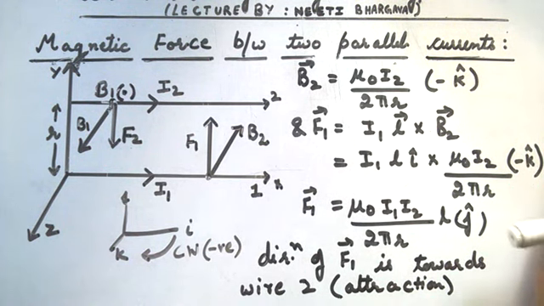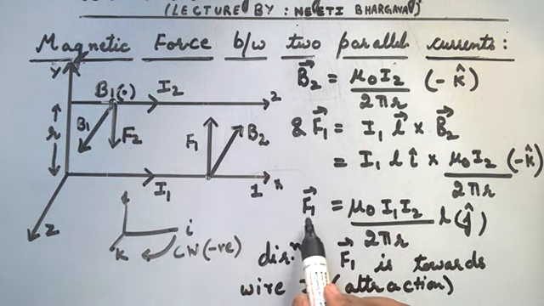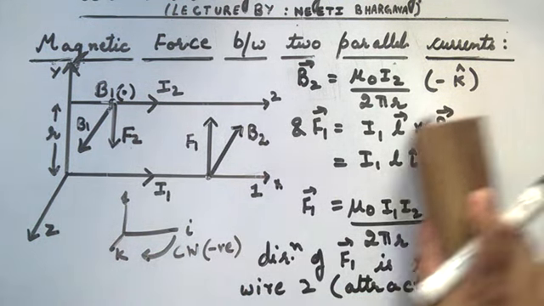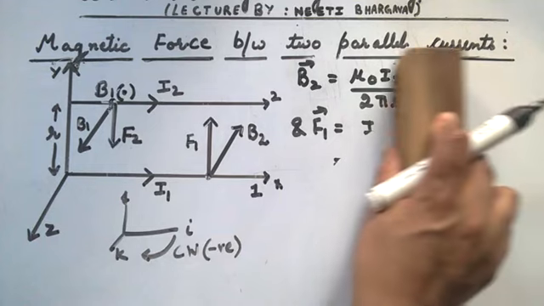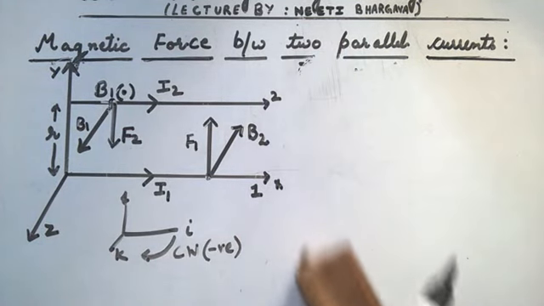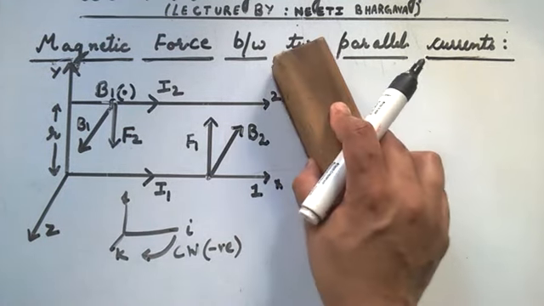Now, we have calculated the values of F1 and F2, and we see that both are equal in magnitude and opposite in direction.